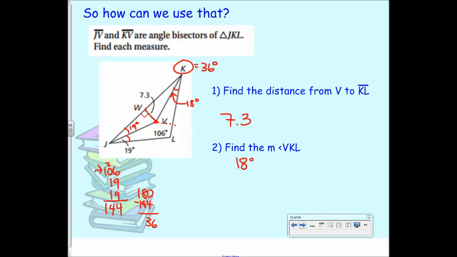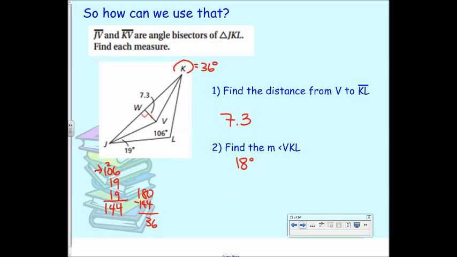So let's go through one more time how we got 18 degrees, ladies. Okay, so all we knew was that this little angle was 19 and this big angle was 106. So if this little acute angle is 19, what does this one have to be? Also 19, because it tells you that they are what? Bisectors.